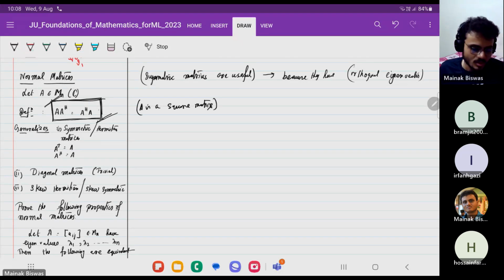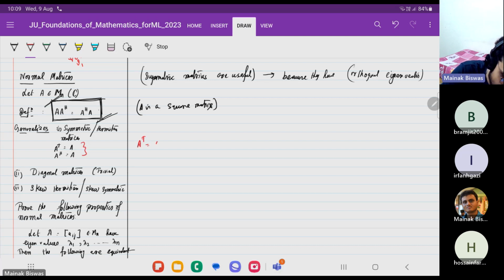Correct? So can you give me some examples without looking on the left side? So this you have seen: if A transpose is equal to A, that is an example. So symmetric matrix is a part of it.